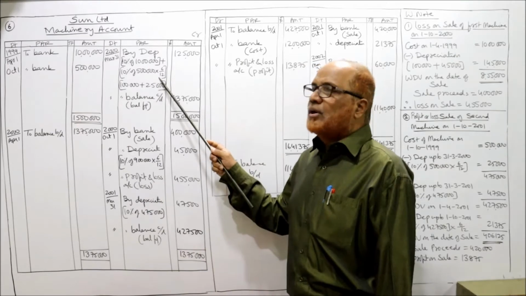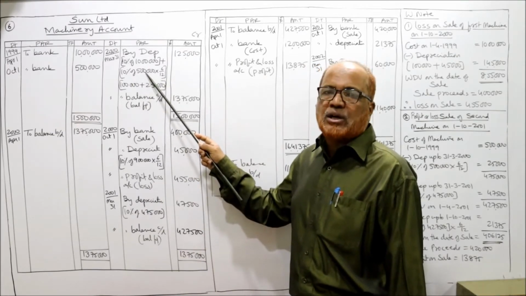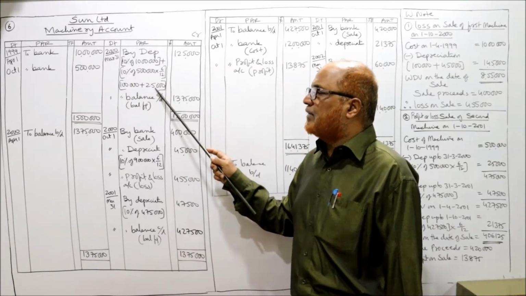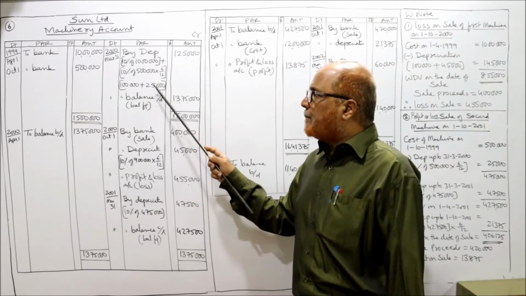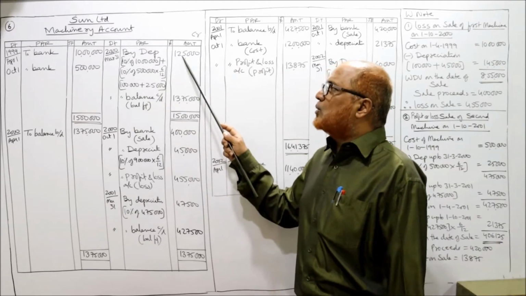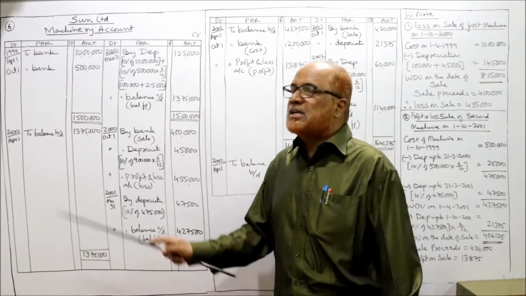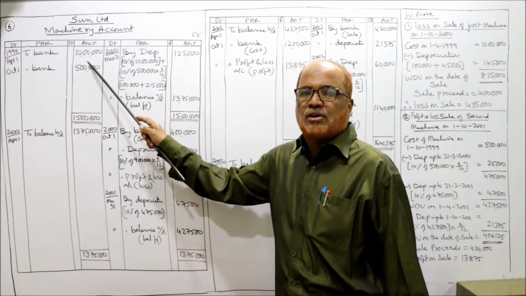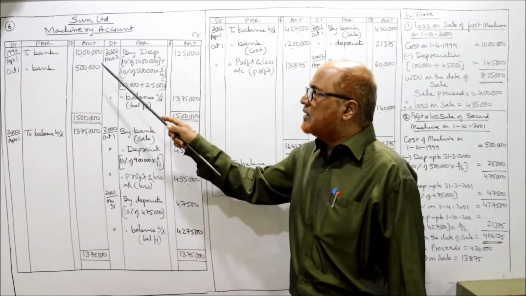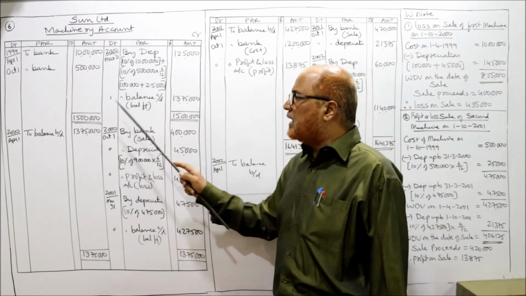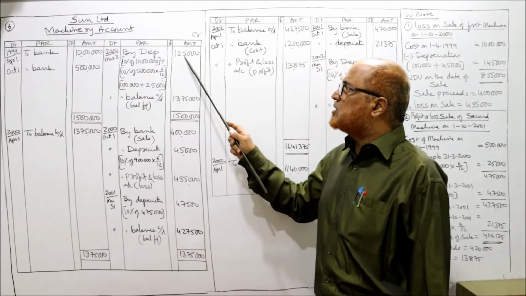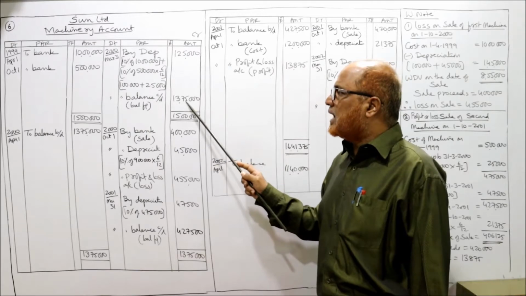So 10% of 5 lakh is 50,000. 50,000 into 6 by 12 is 25,000. So 1 lakh plus 25,000, 1,25,000 is the total depreciation on both these machines for the first year. Now take the total, debit side total 15 lakh. 15 lakh minus 1,25,000 is 13,75,000.